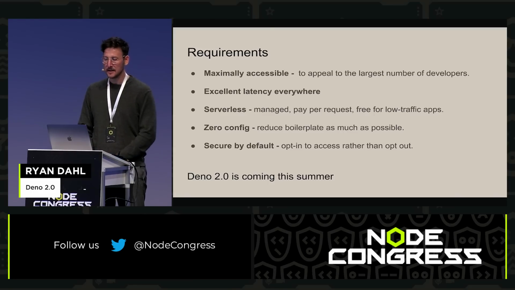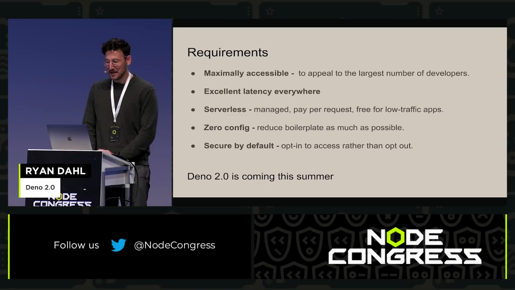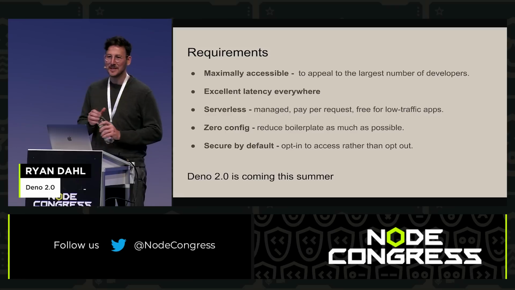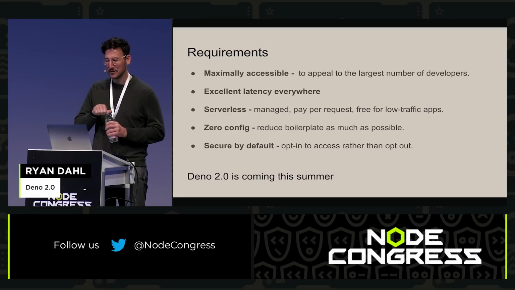In order to achieve this, there are certain requirements I think are obvious. First and foremost, I'm interested in building systems that are maximally accessible, that have a very large developer base. And that is why JavaScript is not necessarily the greatest language on earth, but it is the most accessible language on earth.